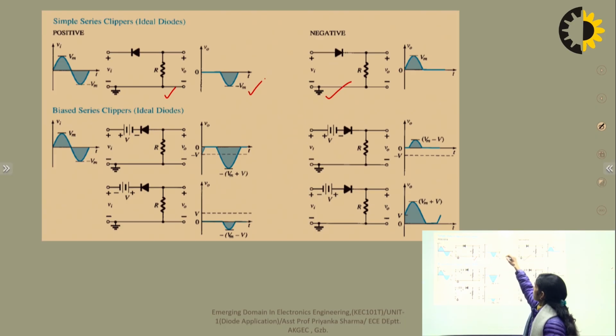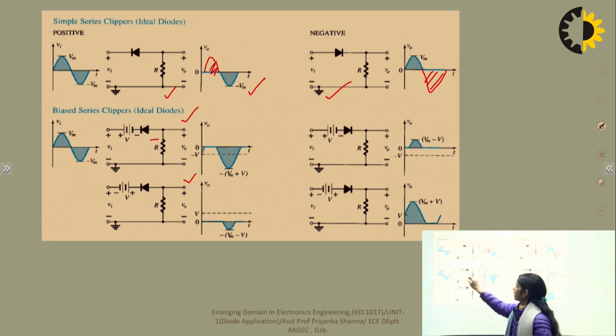The output obtained here is this: the positive cycle is clipped here, and in this case the negative cycle is clipped here. And we have different biased series clippers for different combinations of diode and battery. First we connect the battery here with the positive terminal connected to the positive supply and the negative terminal connected to the diode.